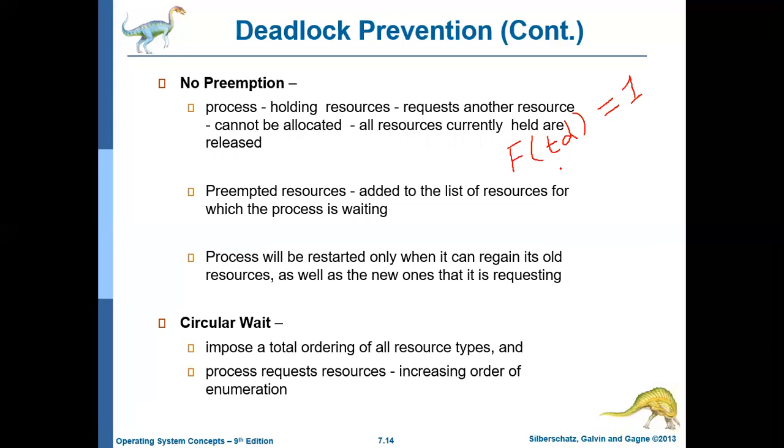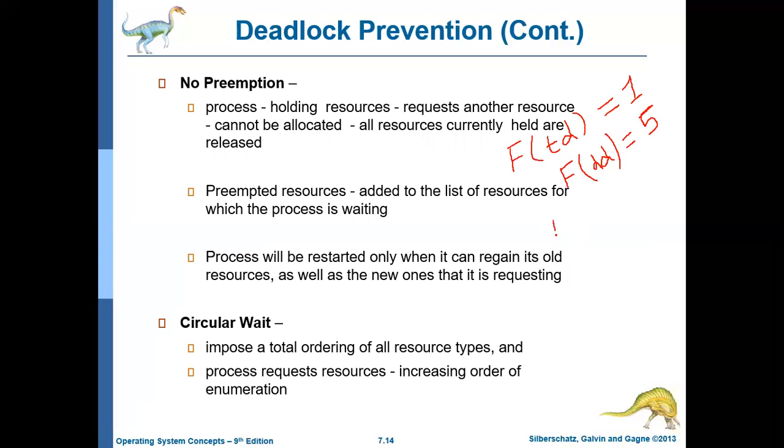We are discussing how to avoid circular wait, so this is the algorithm or the logic. Say we have f of dd, where dd represents disk drive. Say f of dd is equal to 5, meaning the system has 5 disk drives.